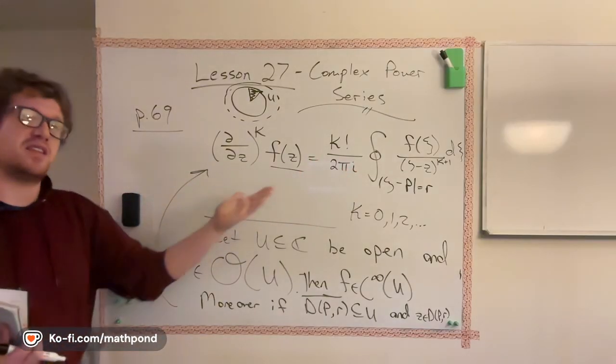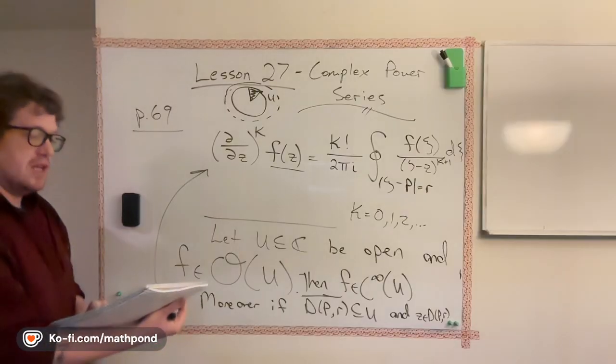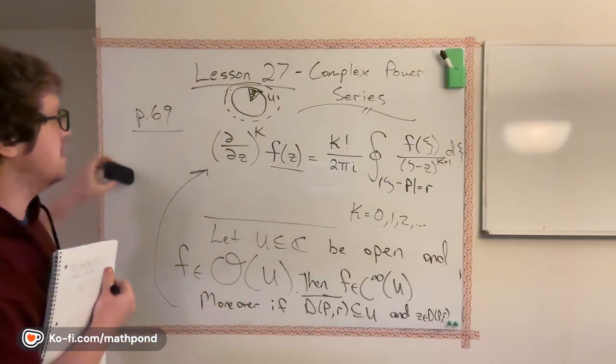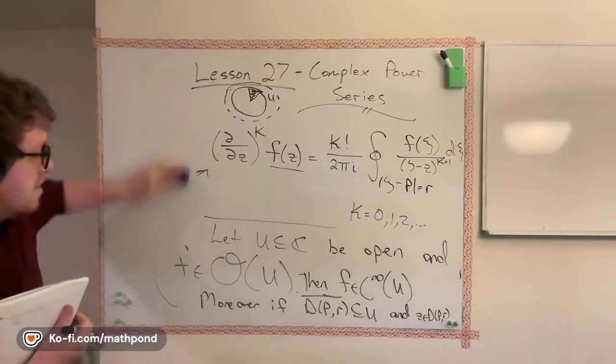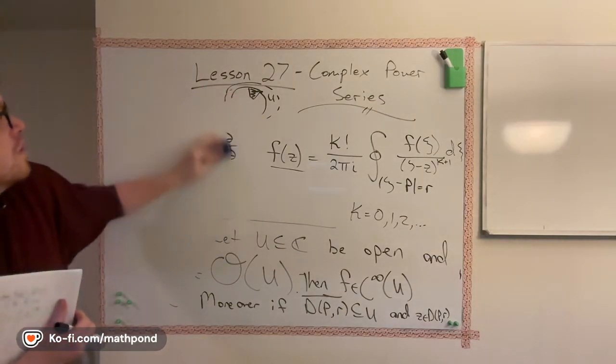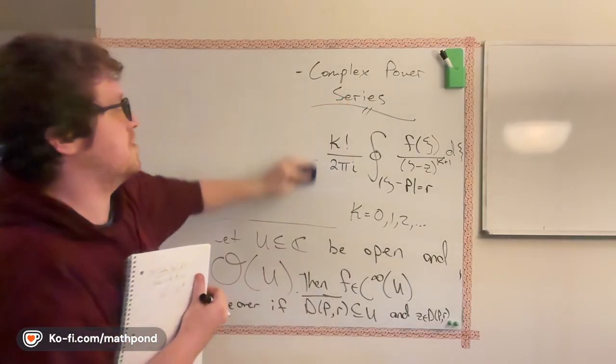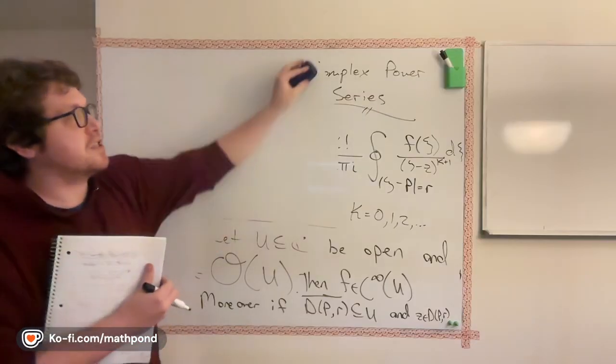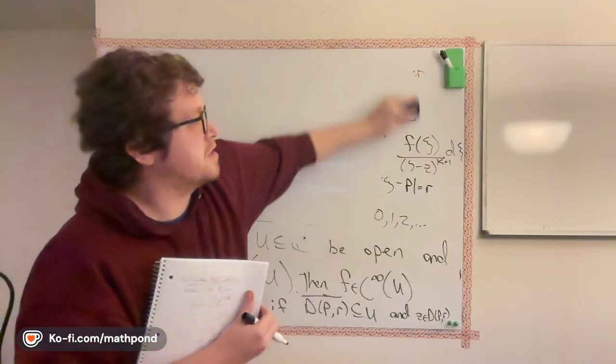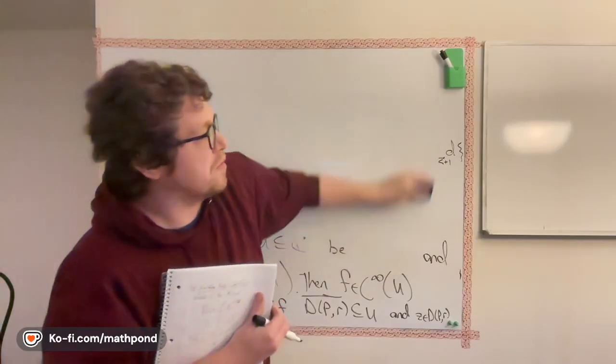But it's not clear that the derivative is actually holomorphic. So this next corollary just makes that more clear. And then we'll get to power series after this. But this Cauchy integral formula is very important for understanding complex holomorphic functions in general.